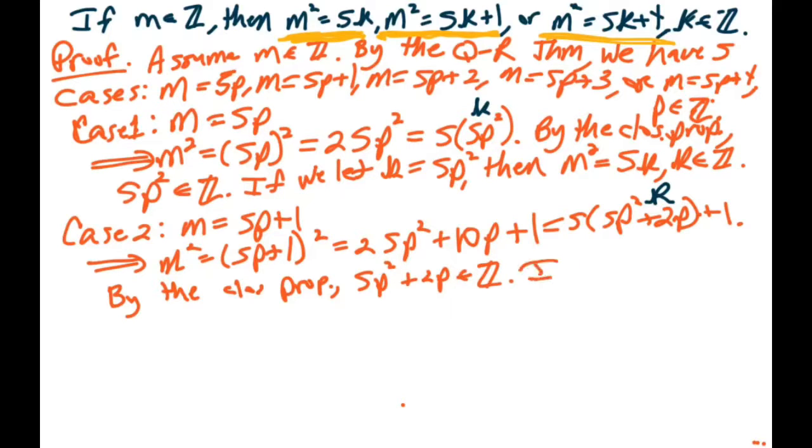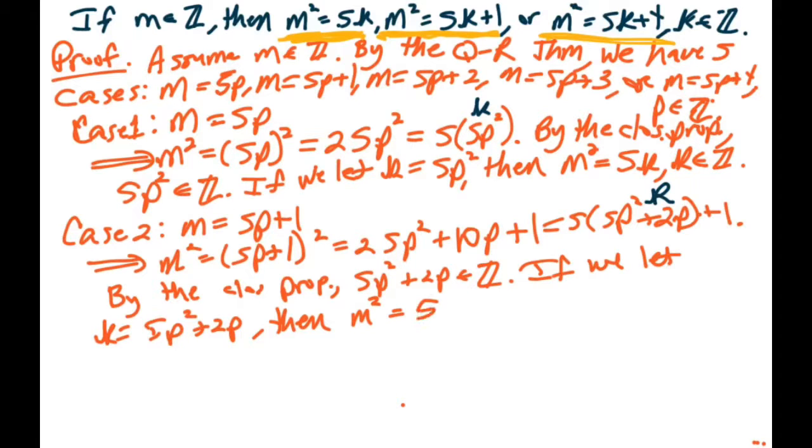And so if we let k equal 5p squared plus 2p, then m squared is equal to 5 times k plus 1, where k is an integer. All right, and so then we need to do the other 3 cases.